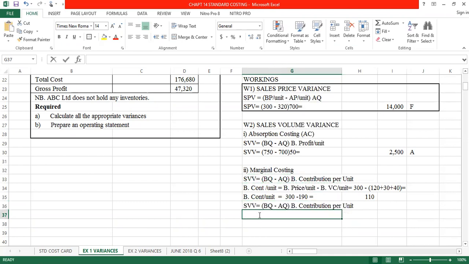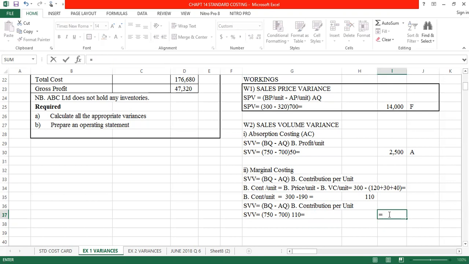So sales volume variance is equals to budgeted quantity, remains the same, 750, minus actual quantity, remains as 700, times 110. Whatever you get, times 110.